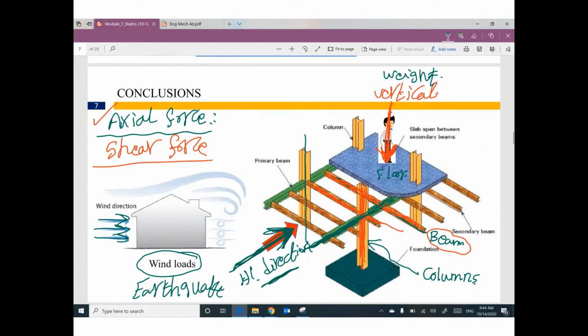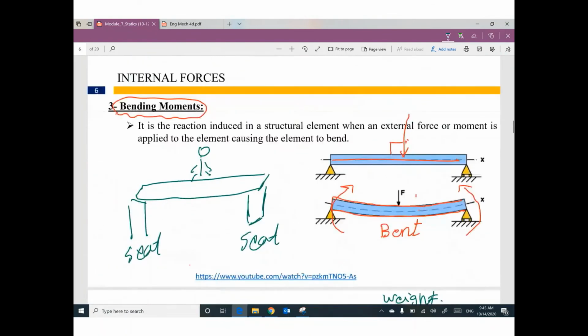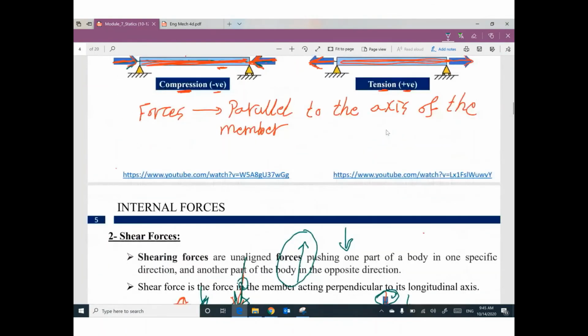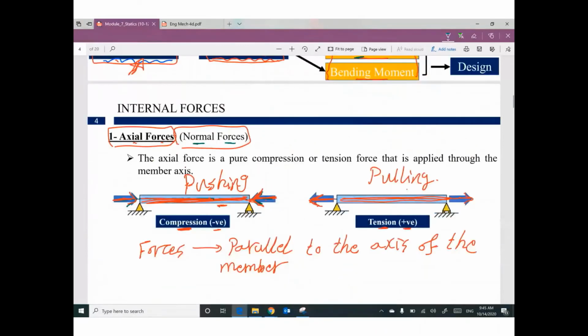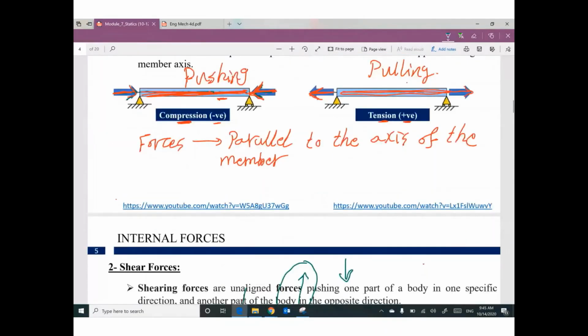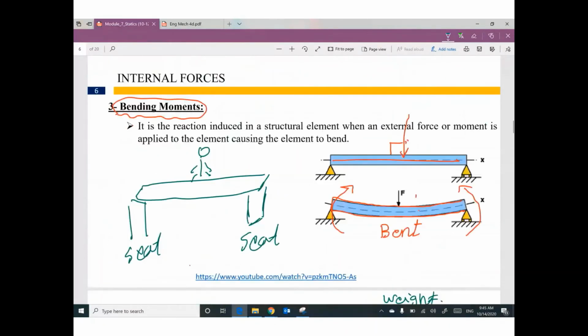So do I need to remember all of this stuff? No, don't remember all of this stuff. You need only to remember one concept. If the force is parallel to the member, it makes axial. If the force is perpendicular to the member, it makes shear and moment.